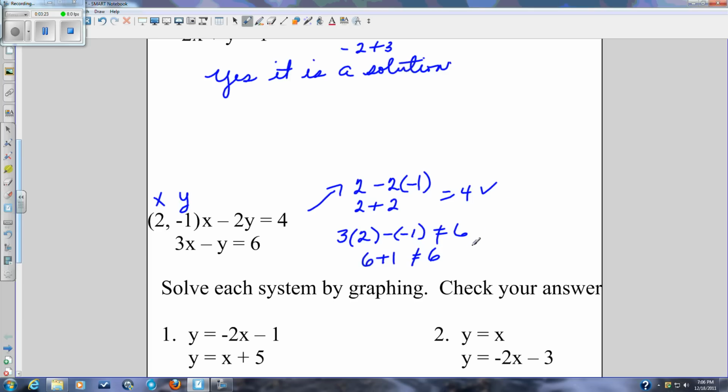So it is not a solution of the second equation, and in order for it to be a solution of the entire system, it does have to be a solution of both equations. So we're going to say not a solution, just because it did not satisfy one of the equations. It has to satisfy both equations.